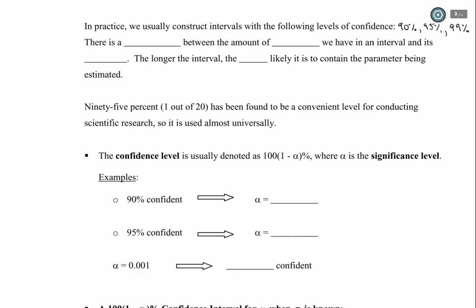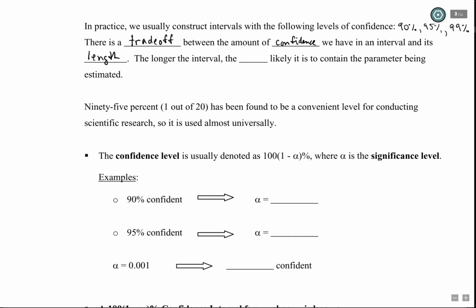But when you get too much below 80%, really below 90%, then you have too many misstatements, so typically the confidence levels are 90% or higher. But thinking about the confidence levels, there is a trade-off between the amount of confidence we have in an interval and its length.